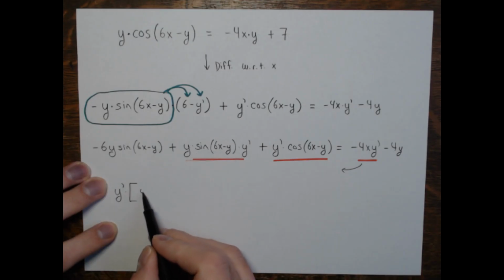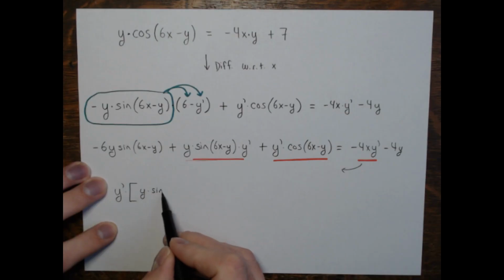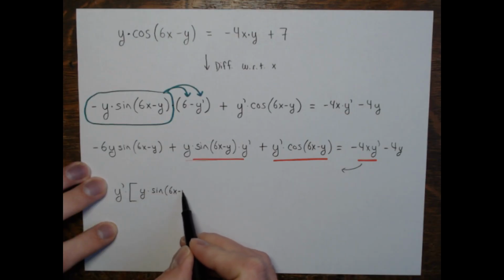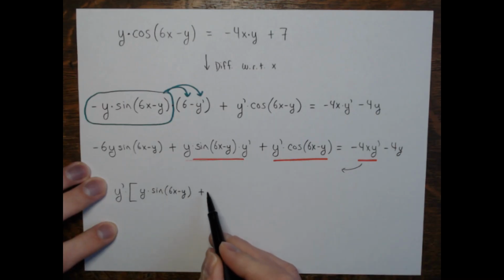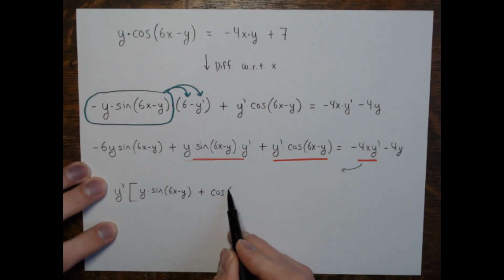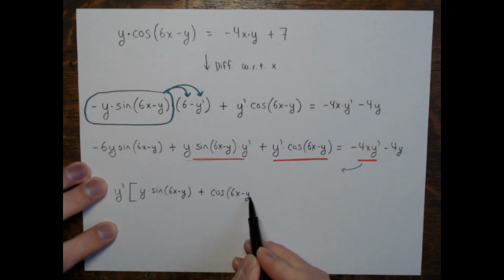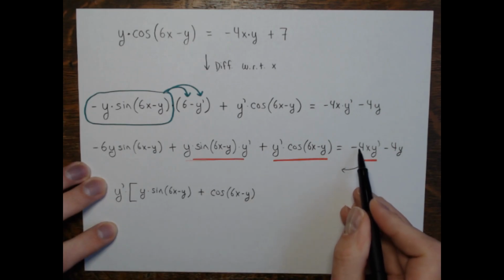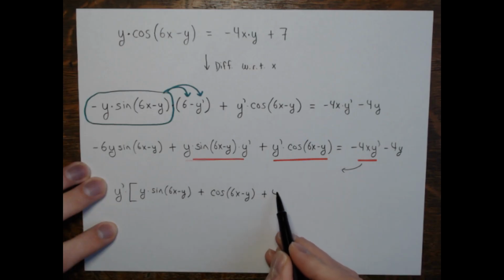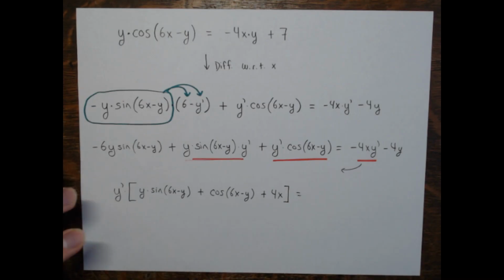y times the sine of 6x minus y left over from this term, plus the cosine of 6x minus y from this term, and then when I add this and pull y prime out, positive 4x left over. So that's all the stuff that has y prime in it on one side with y prime factored out.